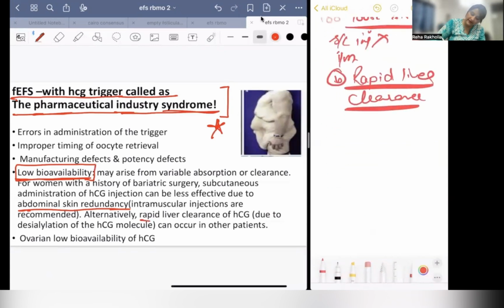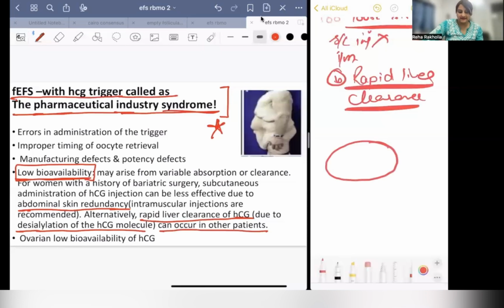Rapid liver clearance of HCG due to de-acylation of the HCG molecule can occur in some patients, or there is low ovarian bioavailability of HCG, meaning in the ovary HCG is not working. These are the factors causing the pharmaceutical industrial syndrome.